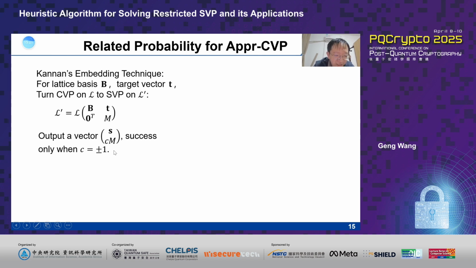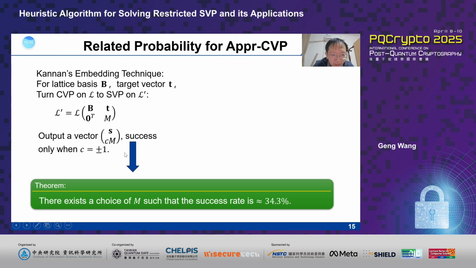For other cases, for example, C equals 0, or C equals 2, 3, or other values, the Kannan embedding fails to find the solution for CVP.